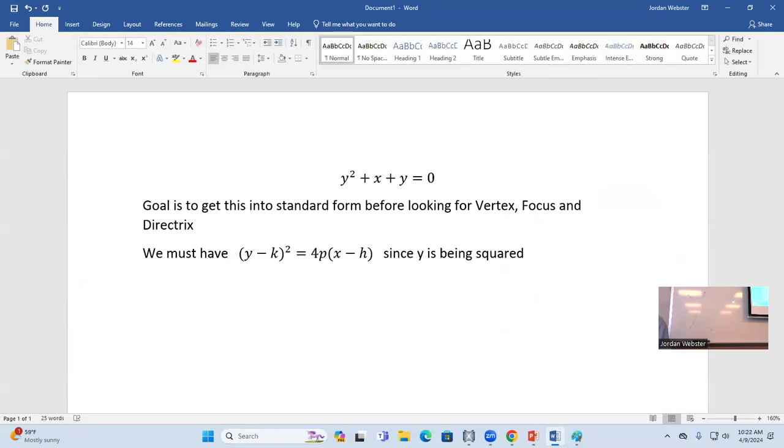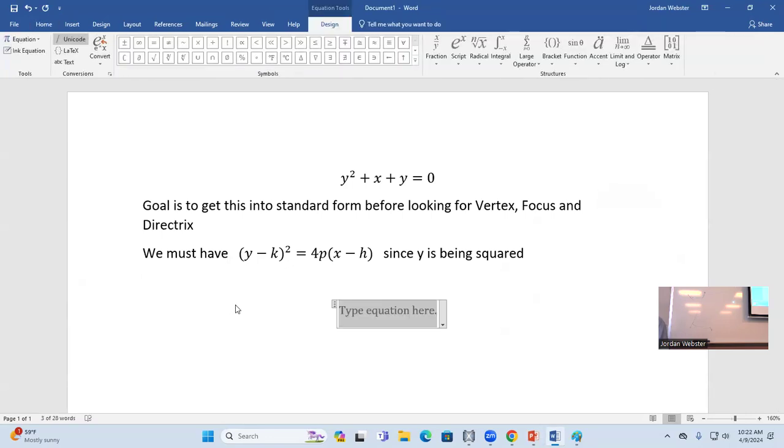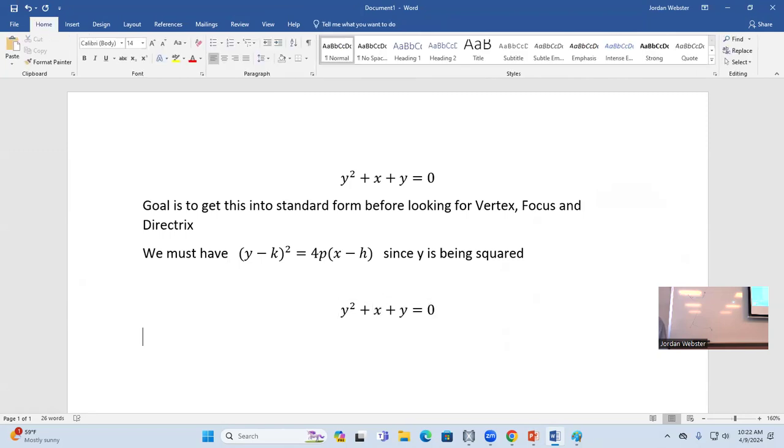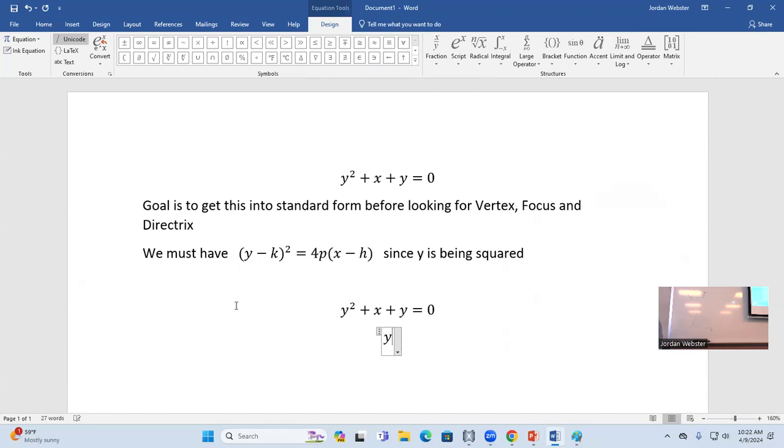I take my equation and subtract x from both sides. At this point, I am going to complete the square so that I can get a square part on the left.